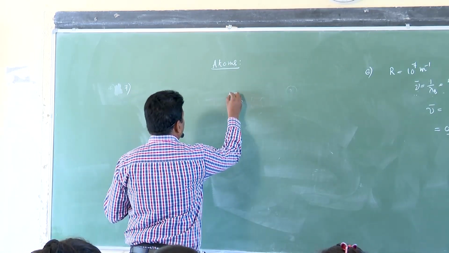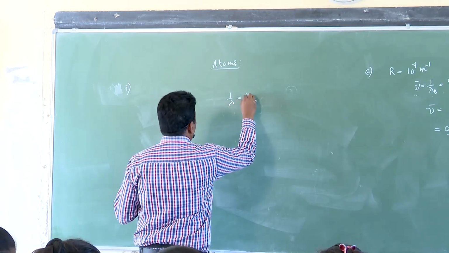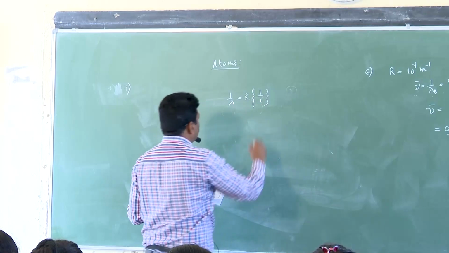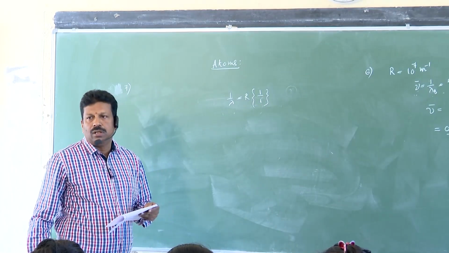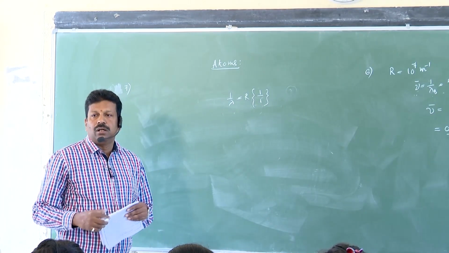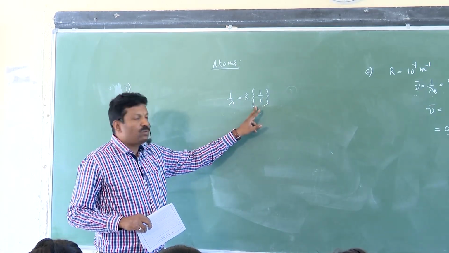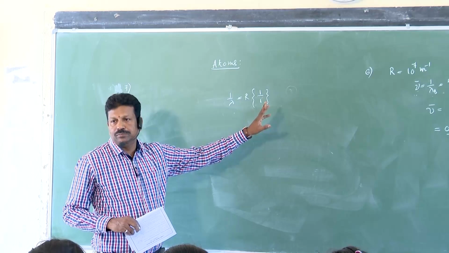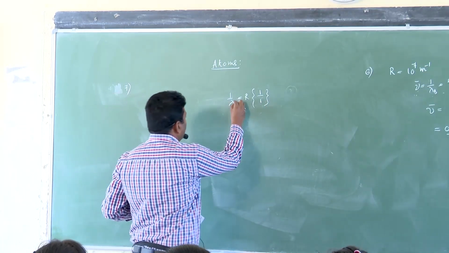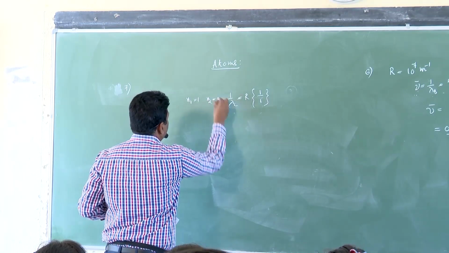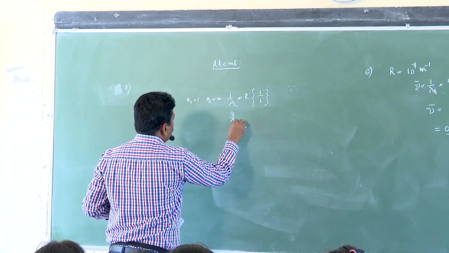So 1 by lambda is equal to R into 1 by N1 squared minus 1 by N2 squared. For Lyman series, longest wavelength, N1 is 1 and N2 is infinity. Therefore, lambda L is equal to 1 by R.